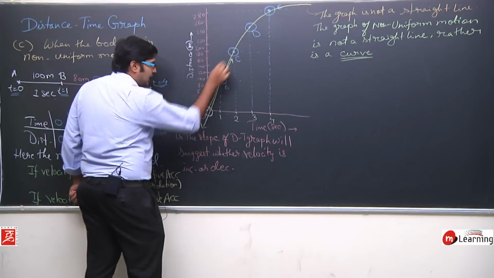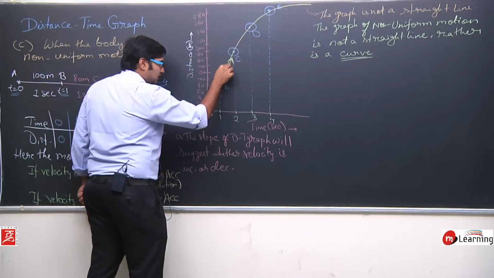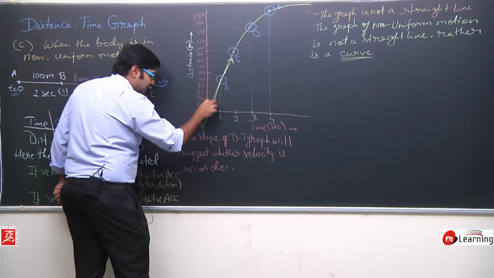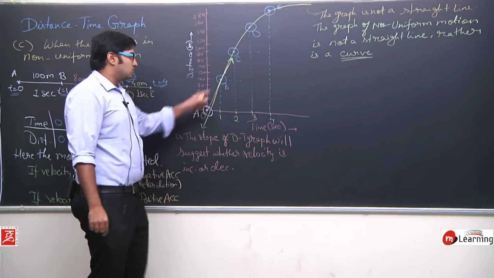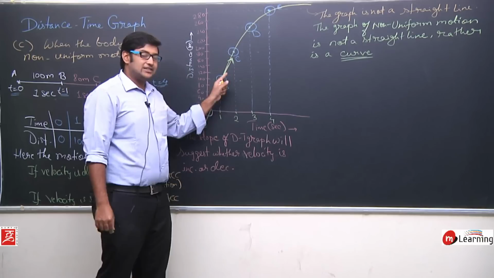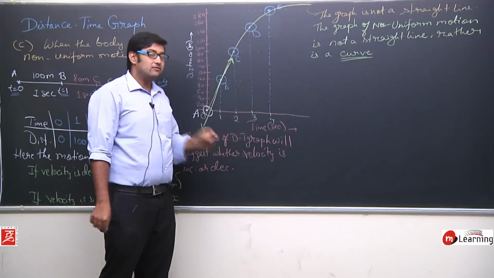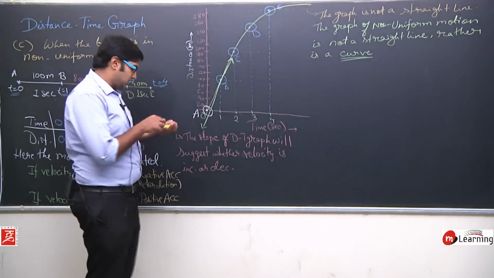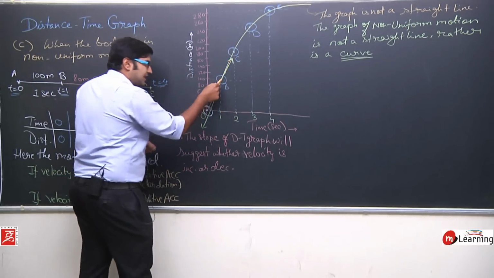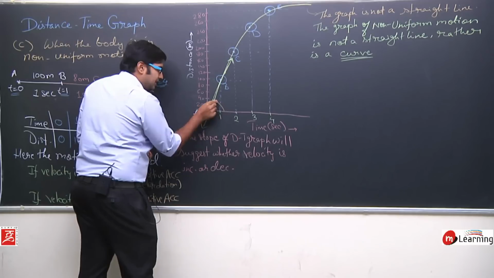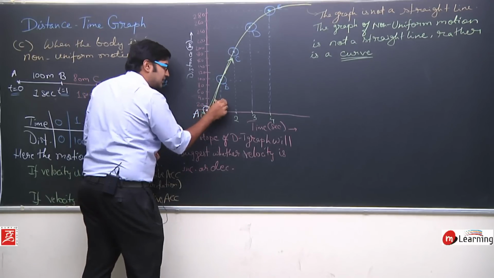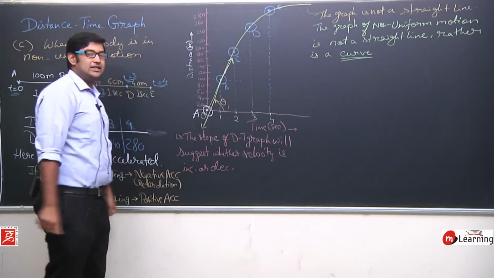Like this we will draw a line. Now the angle that this line is going to make with this horizontal axis will suggest you the velocity. You can see when I draw this line at point B, this is making an angle, let's say, theta 1. We call this angle theta 1.